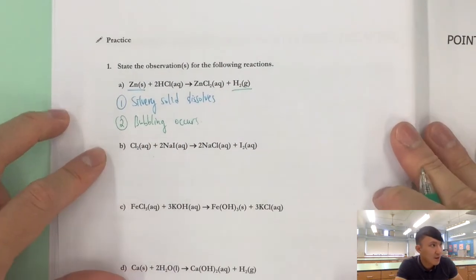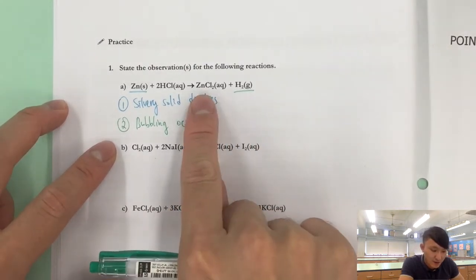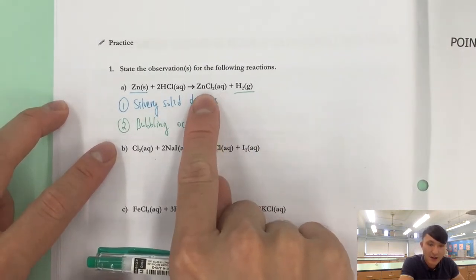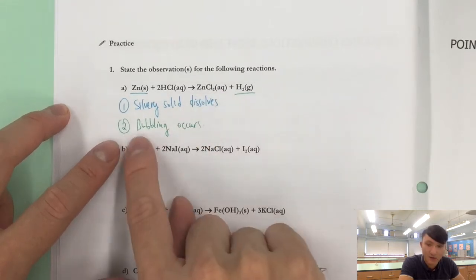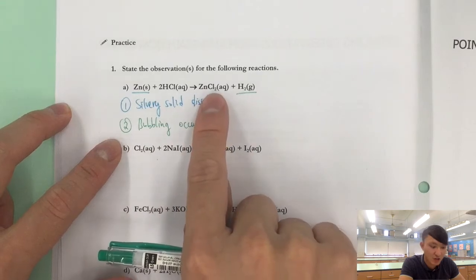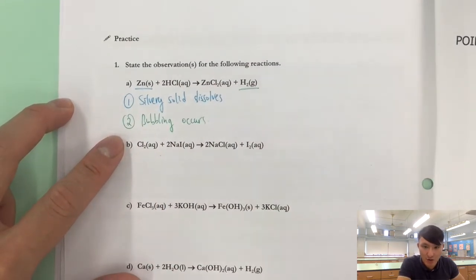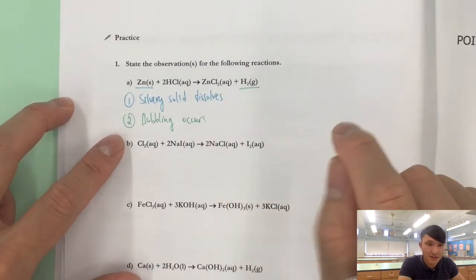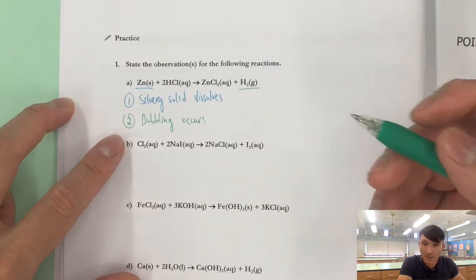Also, I'll double check to see if zinc chloride has a color or not. Because if zinc chloride has a color, then I will put down a third observation: the solution changes from colorless to the color represented by the metal ions. But knowing that zinc chloride is colorless, I do not have to put down any observation.